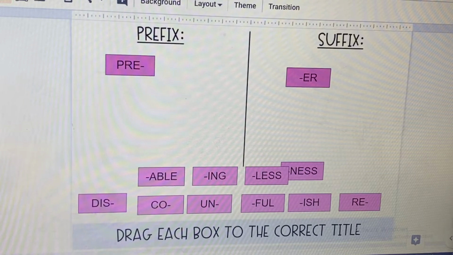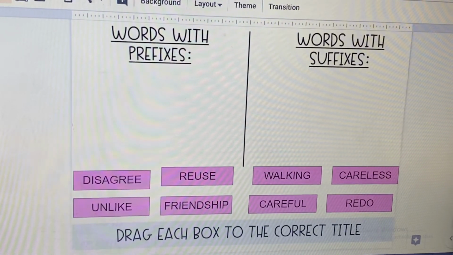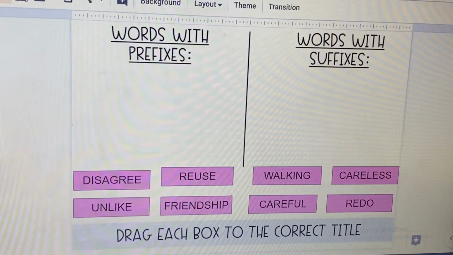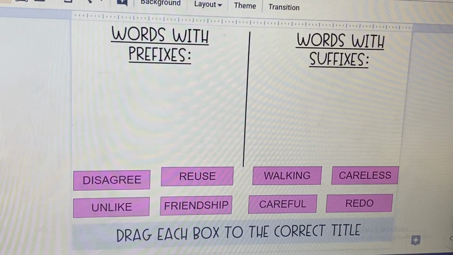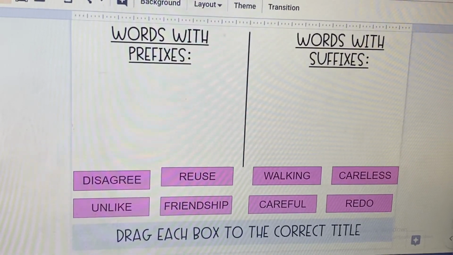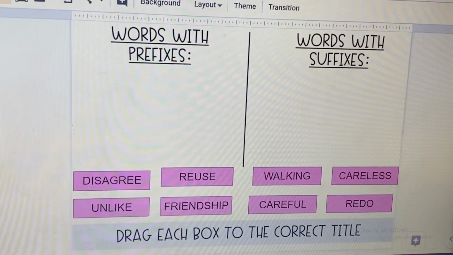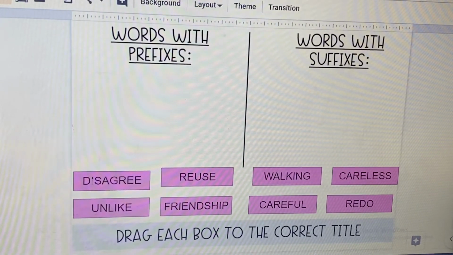Okay, slide number 7. You're going to drag each box to the correct title. This is words with prefixes and words with suffixes. So read them to yourself, and you have to decide, does it have a letter or letters added to the front, or a letter or letters added to the back? So the first one is disagree. We did this one together.